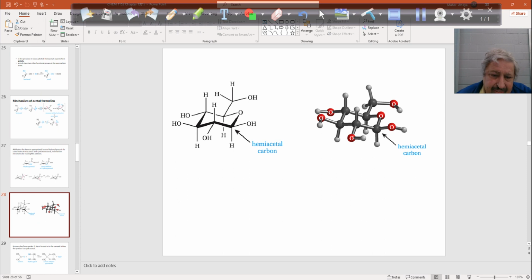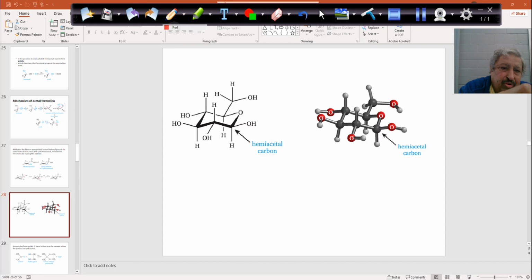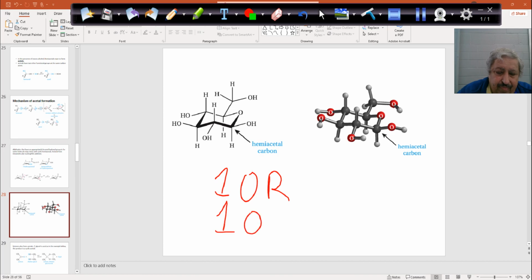How can we tell that it's a hemiacetal? We have said that it always has to have one OR and one OH. This carbon here has one OH, correct?